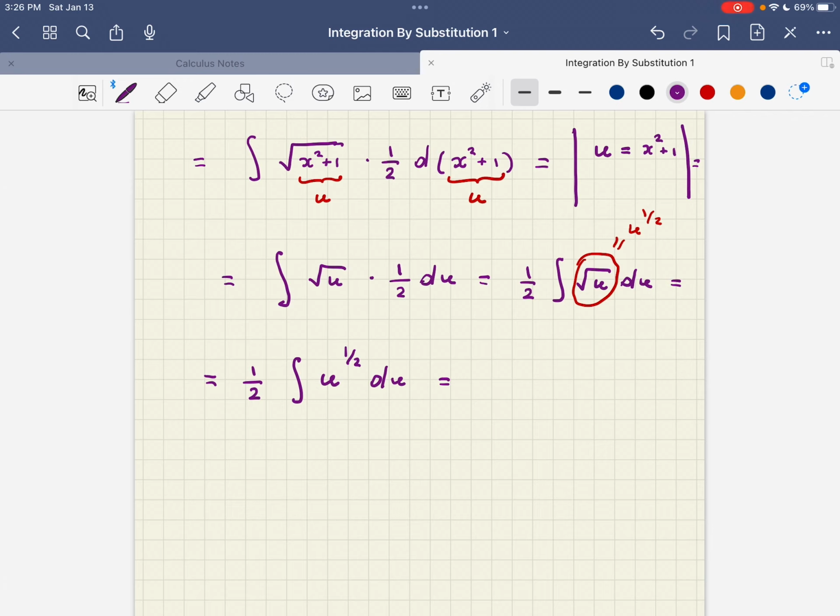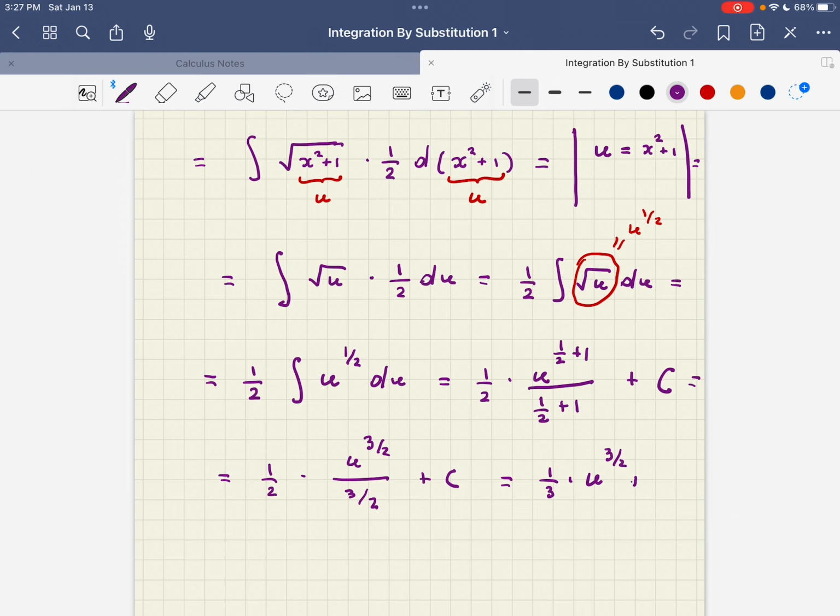And so using the power rule, this antiderivative of u to the power 1/2 is going to be u to the power 1/2 plus 1 divided by 1/2 plus 1, and of course plus the constant of integration. We get 1/2 times u to the power 3/2 divided by 3/2 plus c, and this gives us our antiderivative as 1/3 times u to the power 3/2 plus c.